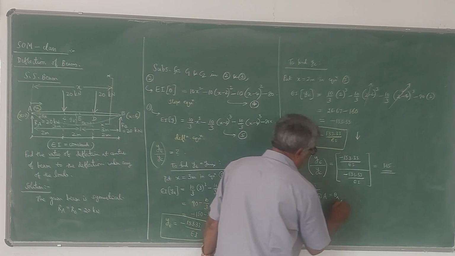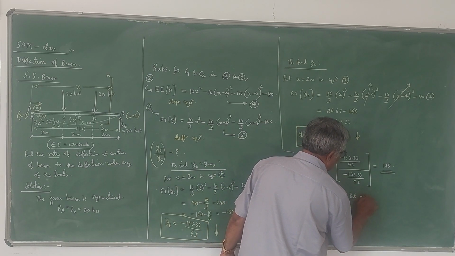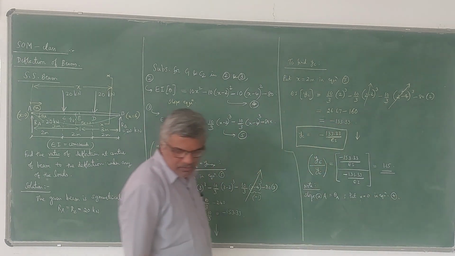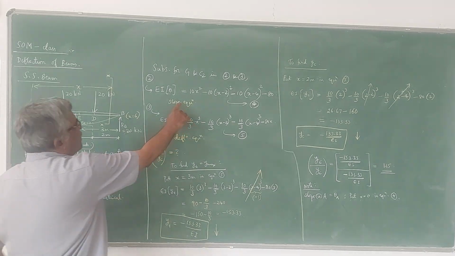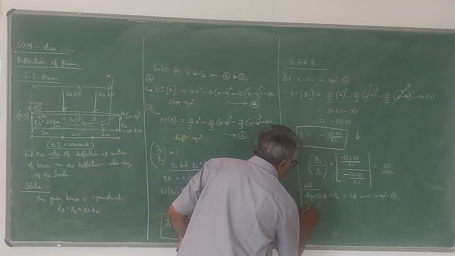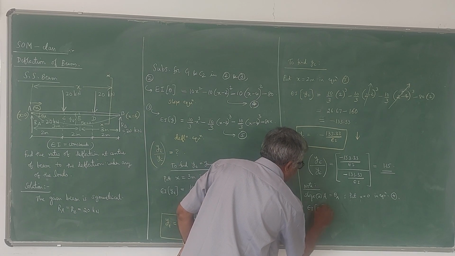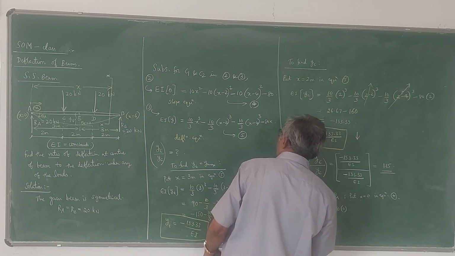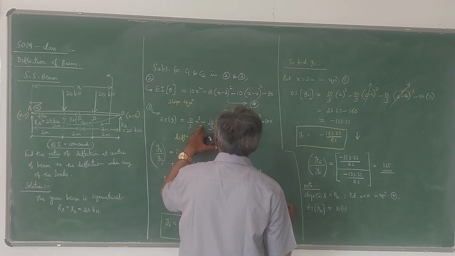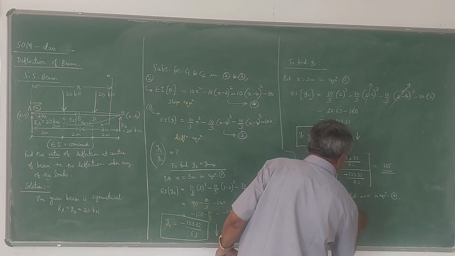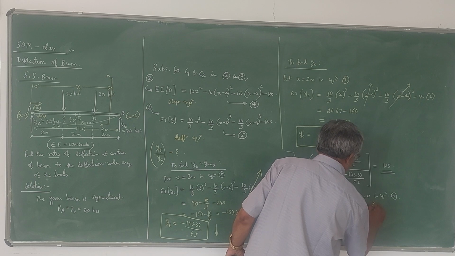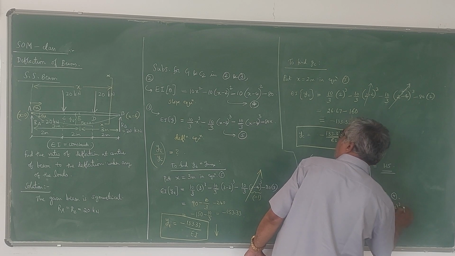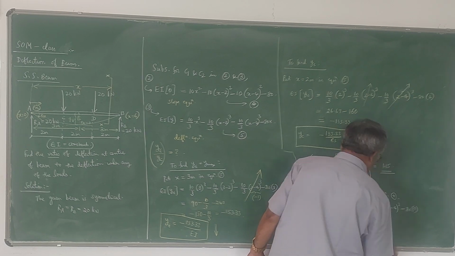If you want to find theta A, put x is equal to 0 in equation 4, because we need slope, we have to substitute in equation 4, the slope equation. So here EI into theta becomes theta A is equal to 10 into 0, because at A x is equal to 0, 10 into 0 minus 10 by 3 into (0 minus 2) whole square minus 10 by 3 into (0 minus 4) whole square, then minus 80 into 0.